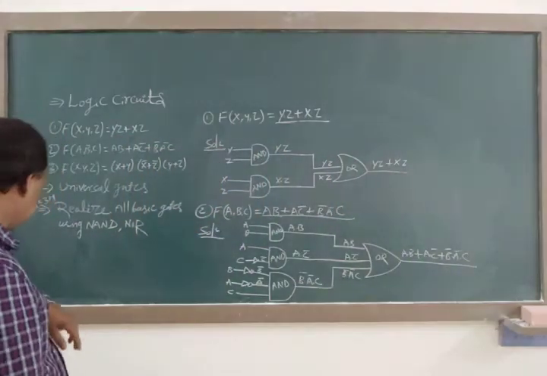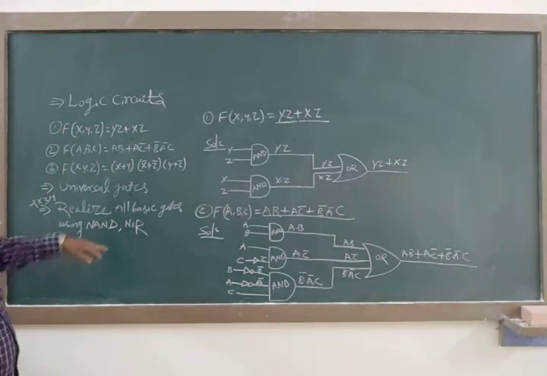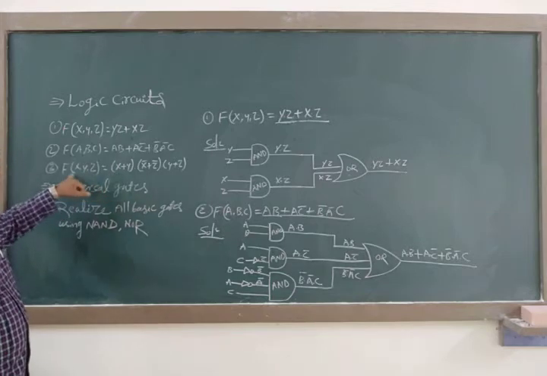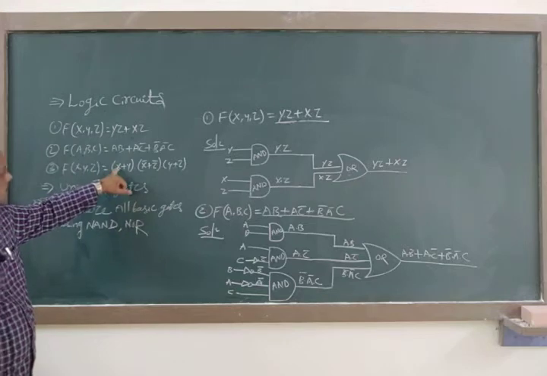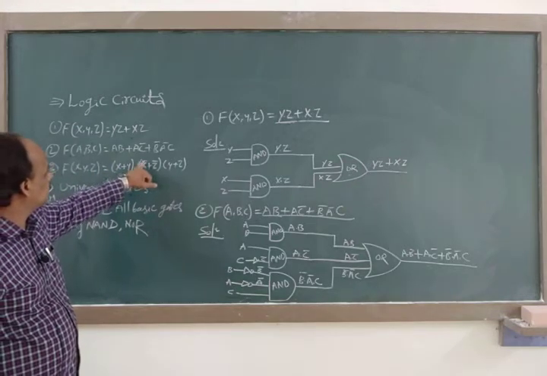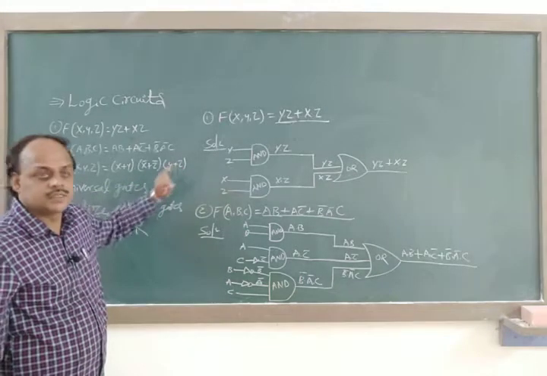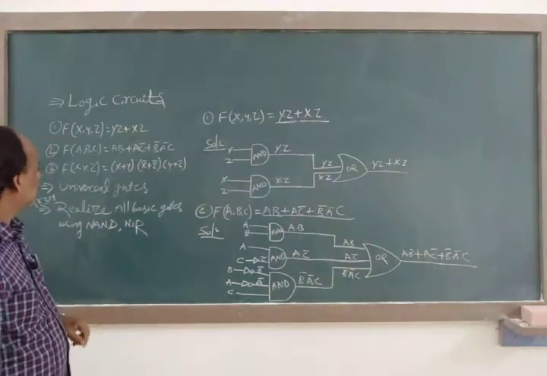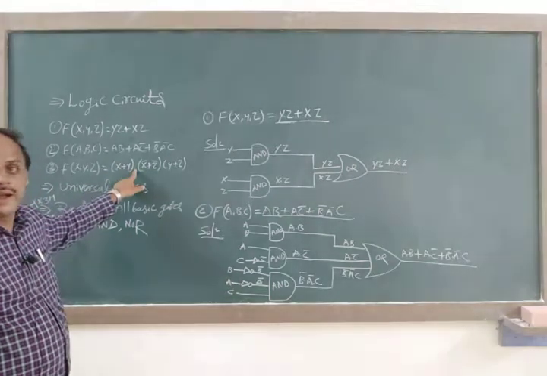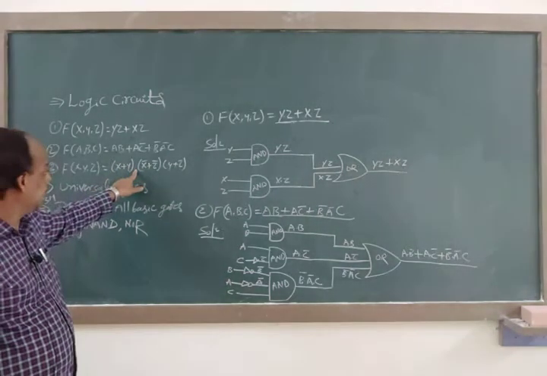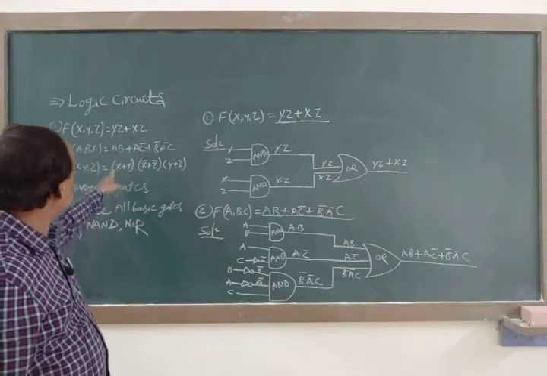So like this, try for this one, third one, f of x comma y comma z is equal to x plus y into bracket of x bar plus z bar into bracket of y plus z. See here, what is the difference here? Between each term AND is there, and each term has OR operator. So what we have to do here?